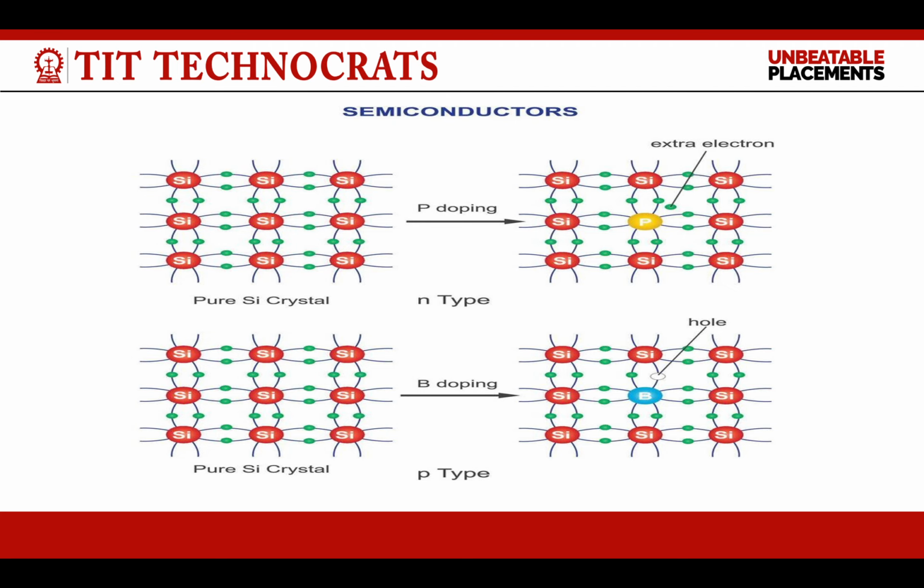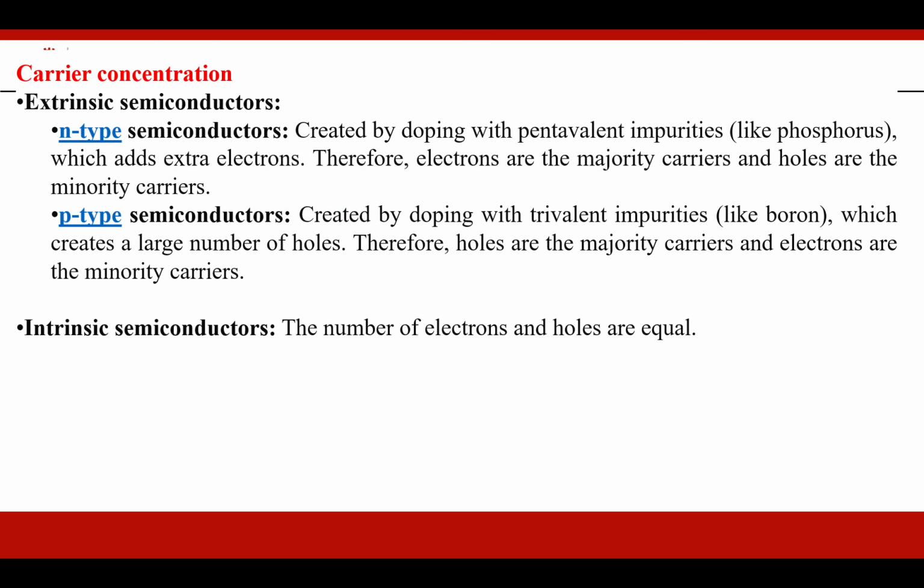We can understand this diagrammatically with a pure silicon crystal with doping, in n-type and p-type semiconductor. Carrier concentration in extrinsic semiconductor: the n-type semiconductor is created by doping with a pentavalent impurity, that is phosphorus, which adds an extra electron.